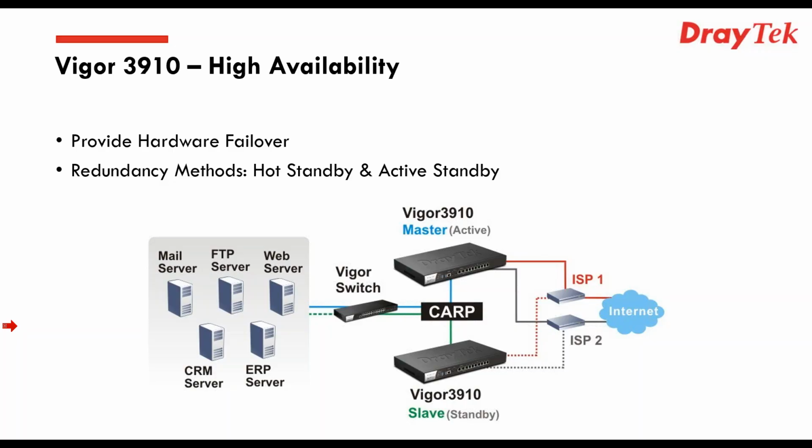And that allows you really to have this set up in place. It's a really great, useful feature, and this is something that's not only available on the Vigor 3910, this is available across many of the Draytek units in the range. Just one thing to mention here is you will need to have the same model and variant of the device for the master and the slave setup. Both units need to be the same model.